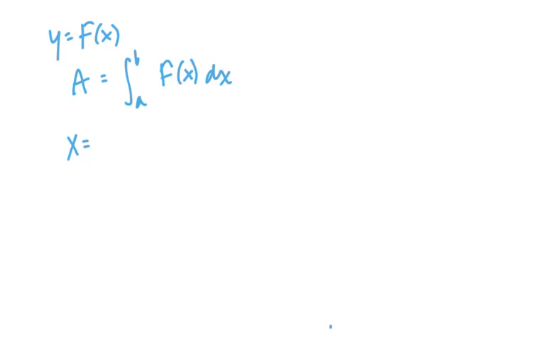So now let's talk about the area under a curve. If we were to say y equals capital F of x, notice that's the integral form, and we were to look at the area from a to b, we would say the area equals the integration from a to b of f of x dx, where f of x is greater than 0. But when we look at this in terms of parametrics, we say x equals f of t and y equals g of t, and t is bounded from alpha to beta.